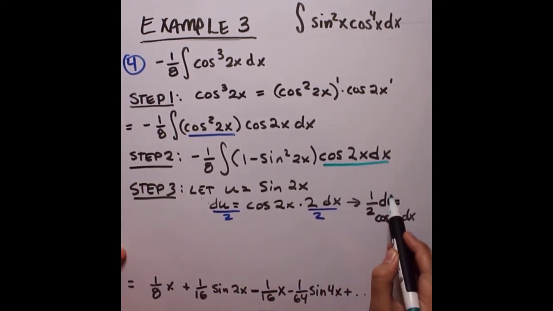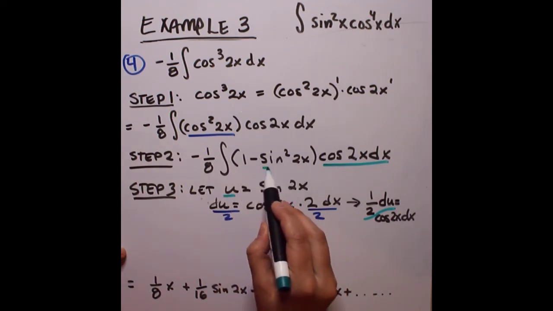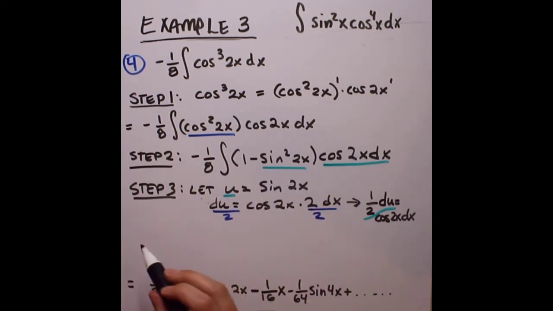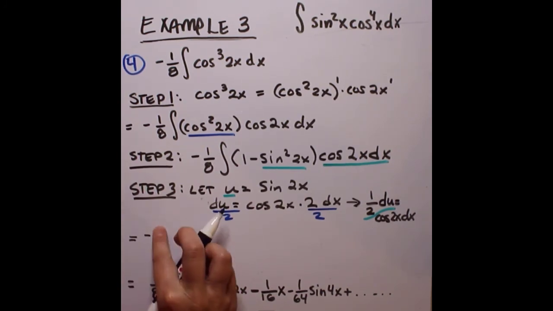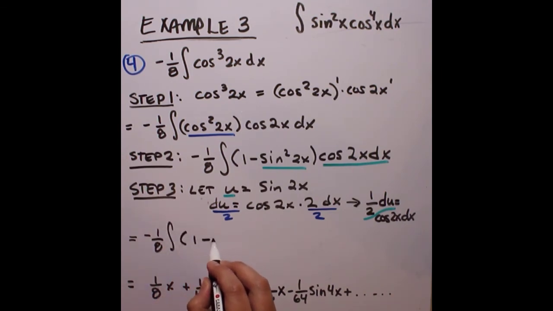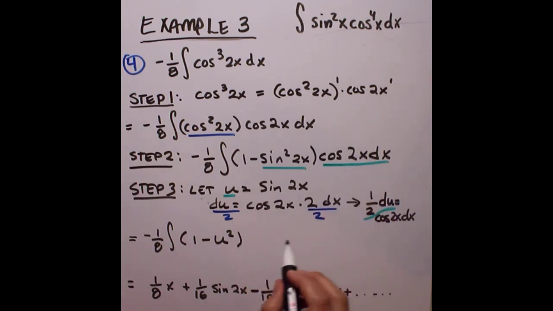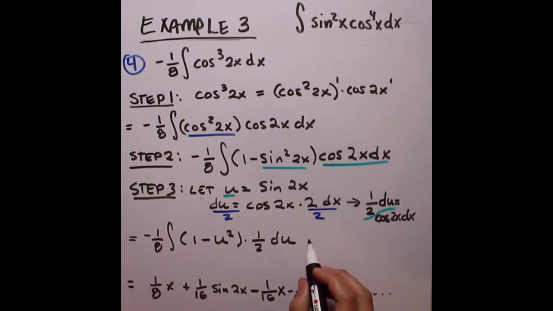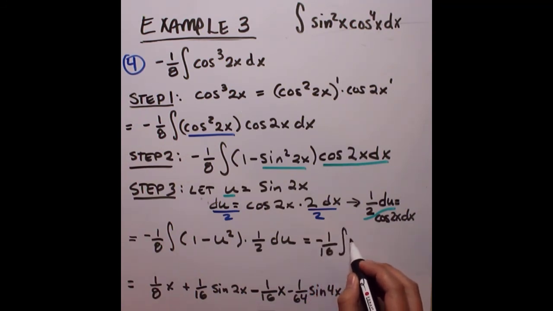Cosine 2x dx is 1/2 du, and then u is sine of 2x. So from here we have 1/8 integral of 1 minus u squared, and then all of this in the back was 1/2 du. Then let's factor this out: negative 1/16 integral of 1 minus u squared du.